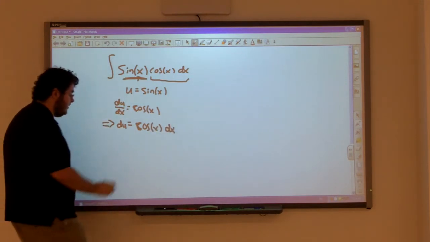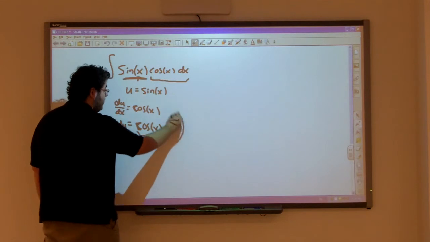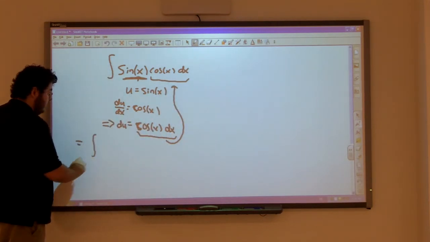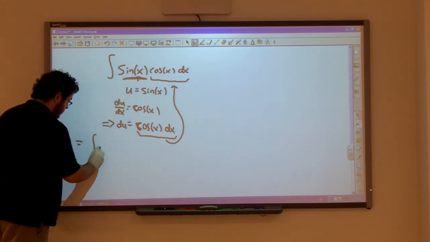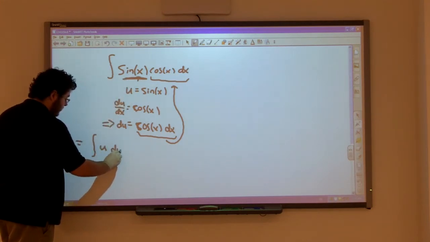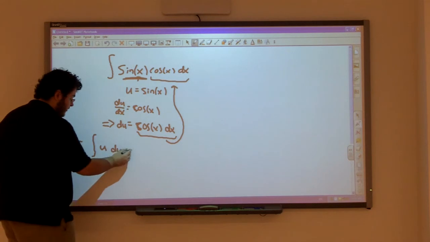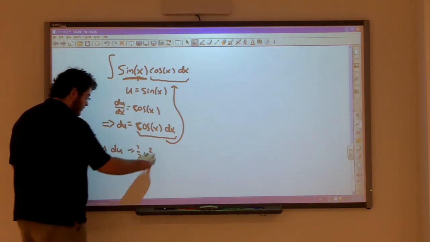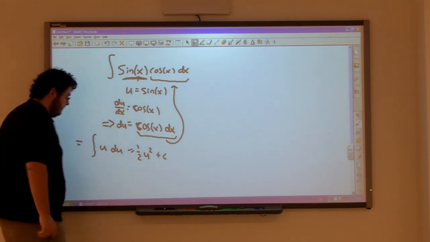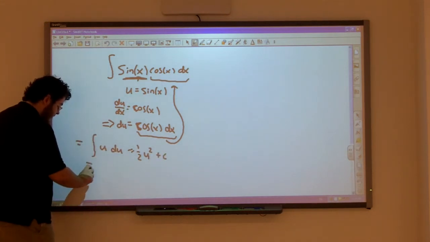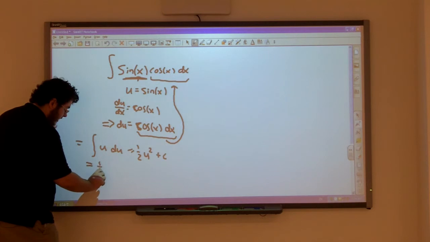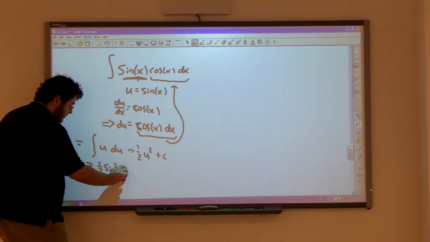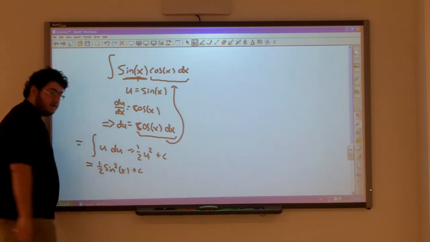So now we see that we have this cosine of x here, so we can substitute it in. So our integral becomes the integral of u du, which of course we know how to solve. It's 1/2 u squared plus a constant. So this becomes 1/2 sine squared of x plus a constant.